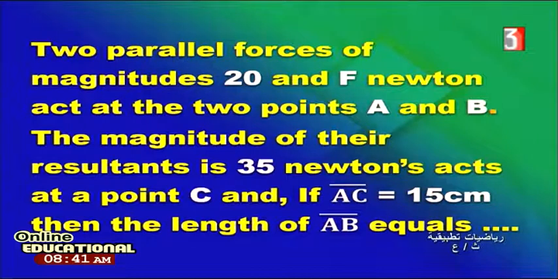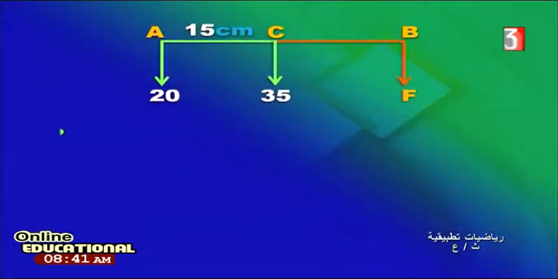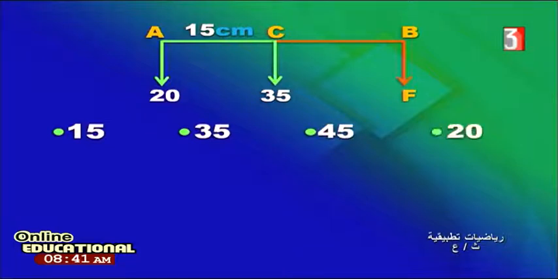Force F1 acts at the point C, and the length AC equals 15 centimeter. The length of AB equals what? Choose the correct answer: 15, 35, 45 or 20. Remember, think before choosing the correct answer.